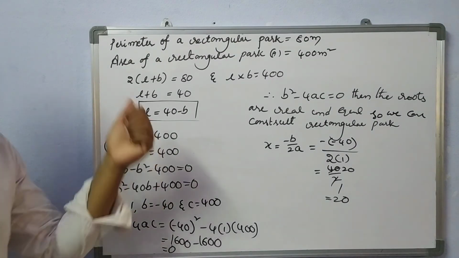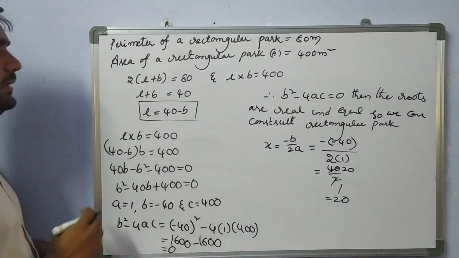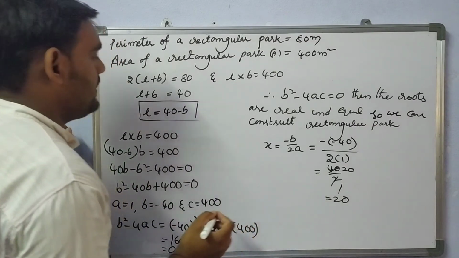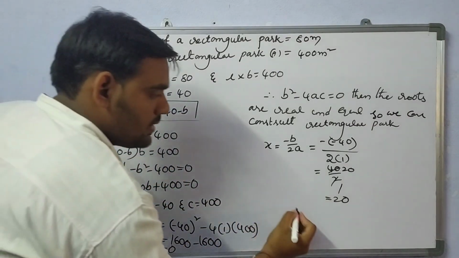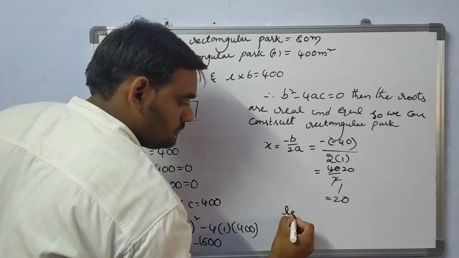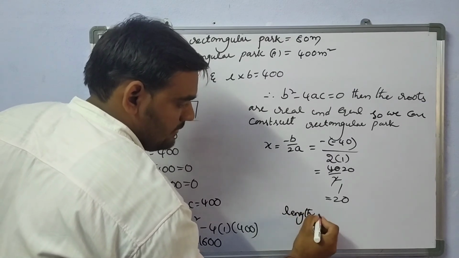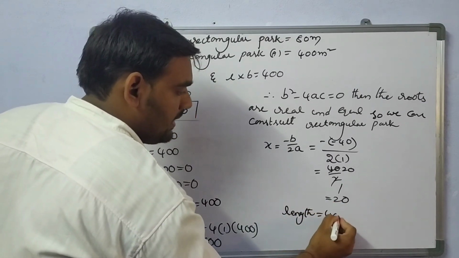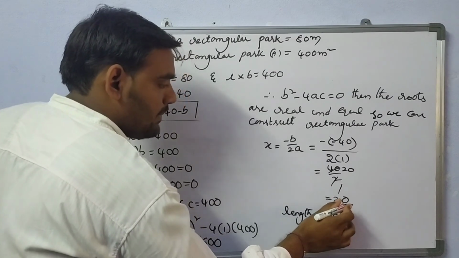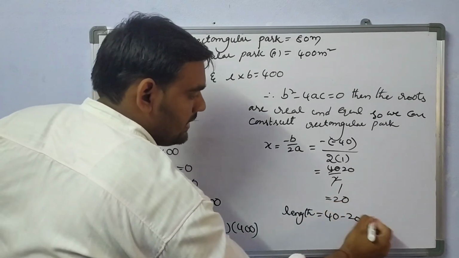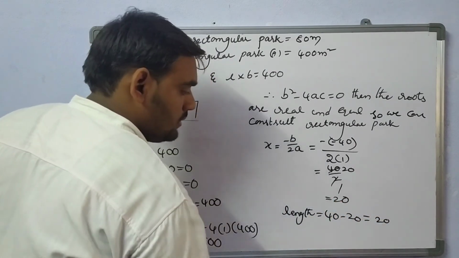Then the length of the rectangle will be L is equal to 40 minus B. Taking 20 for the breadth, we are getting 20 also.